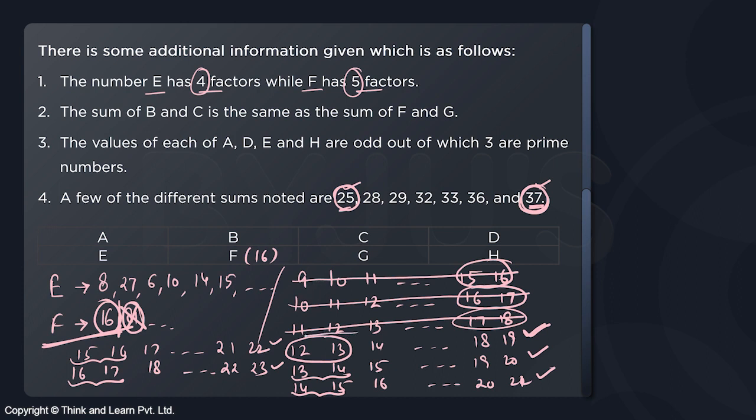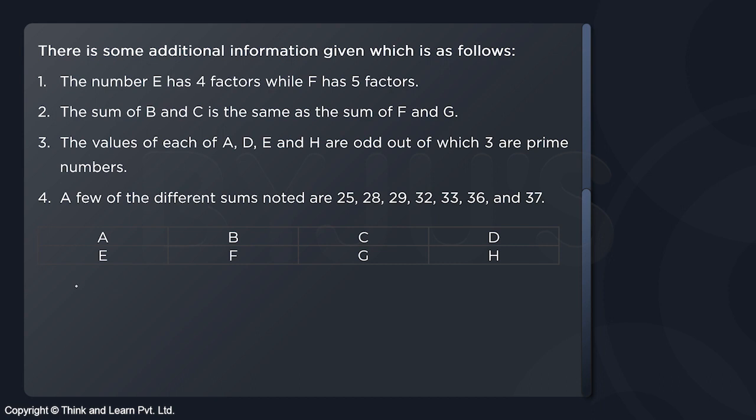That means there is only one case which can give me a sum of 25 as well as a sum of 37. So by that logic, let me remove all of this now. I definitely know that F is equal to 16 and the numbers are 12, 13, 14, 15, 16, 17, 18 and 19, and F is equal to 16.